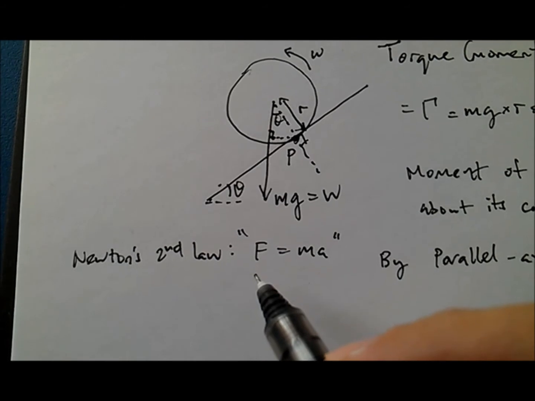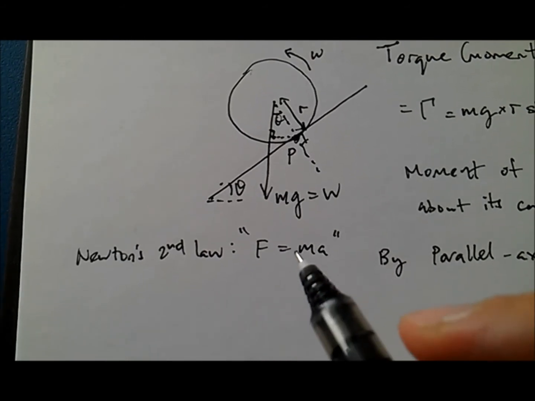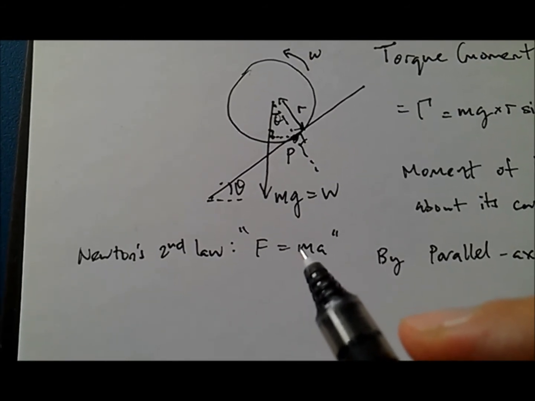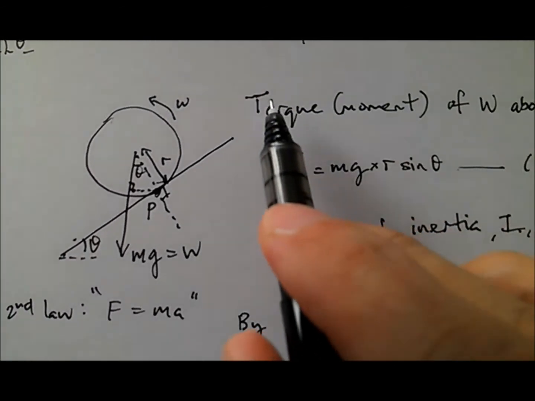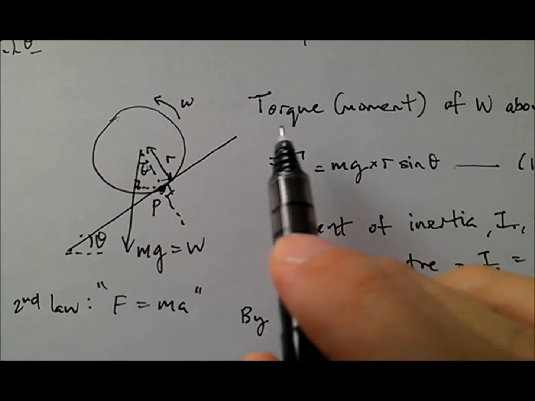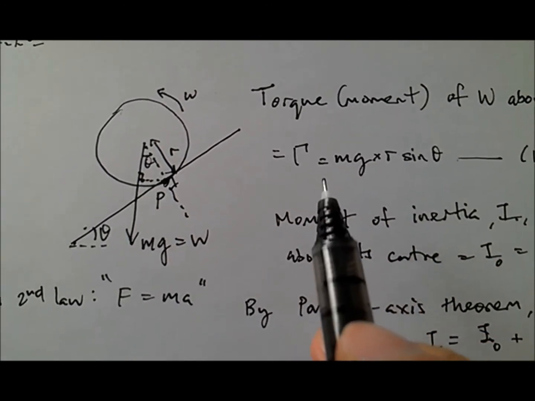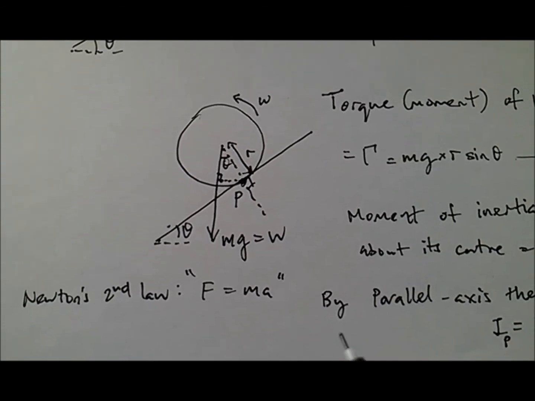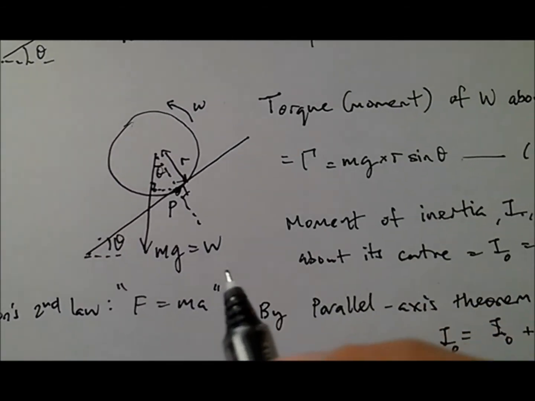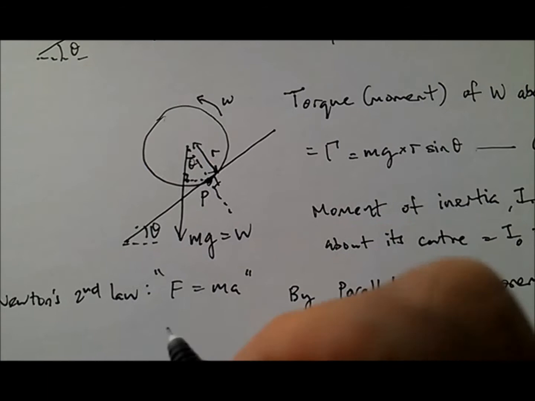Instead of force, which is what causes acceleration in linear motion, now we have torque, which is what is responsible for causing rotational acceleration, causing things to spin faster. So we can replace the force with the torque.